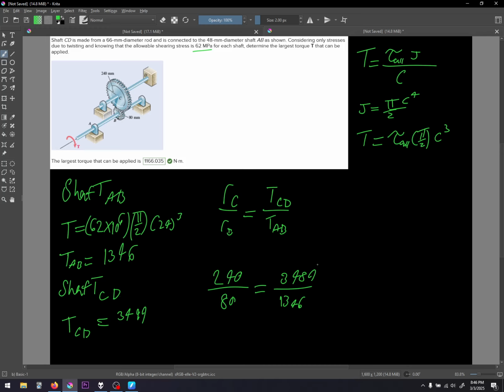Well, let's see if that's right. This divided by this. Okay. 240 divided by 80. Close. So what are we trying to find? The largest torque. There's some wiggle room.